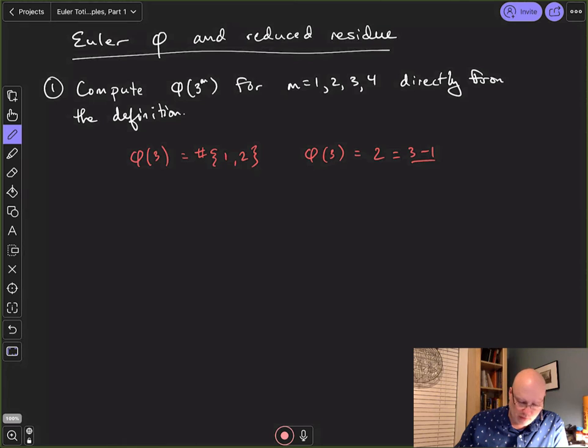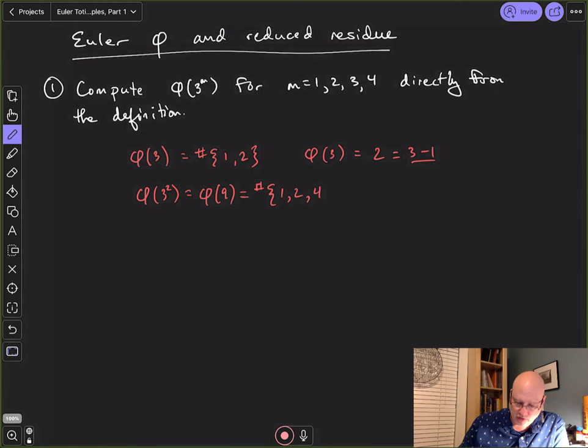Okay, so what about phi of 3 squared? Just to be clear, this is really the same thing as phi of 9. So again, we want the number of elements that are relatively prime to 9. Obviously 1 is and 2 is. 3 is not. 9 is divisible by 3, so that doesn't work.